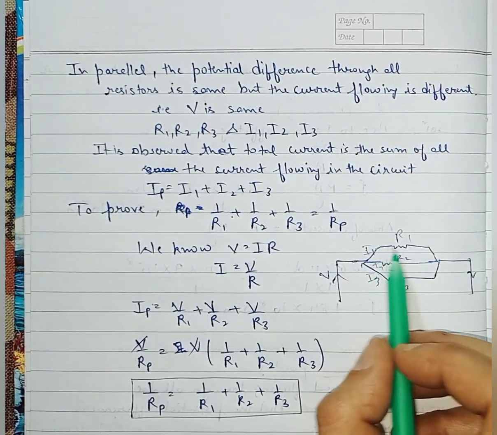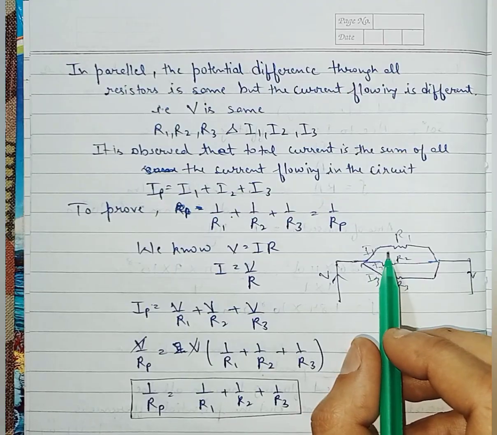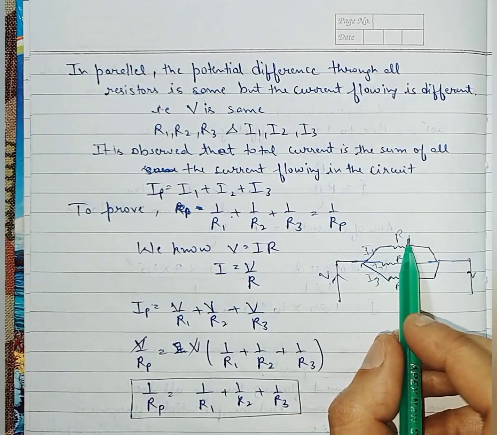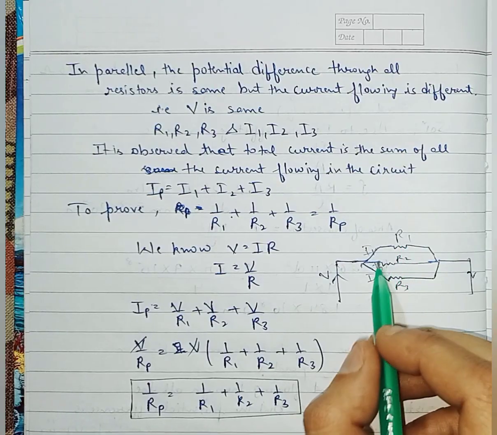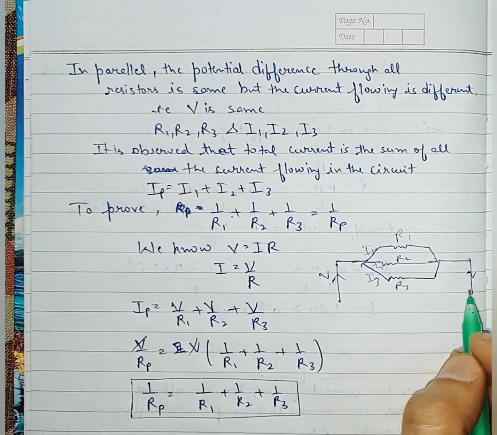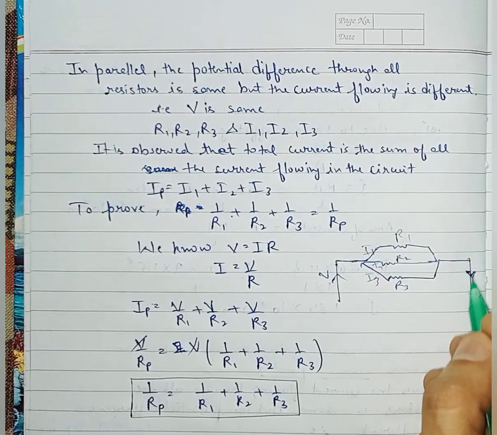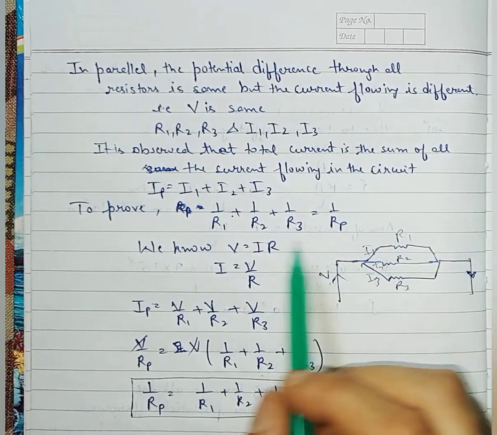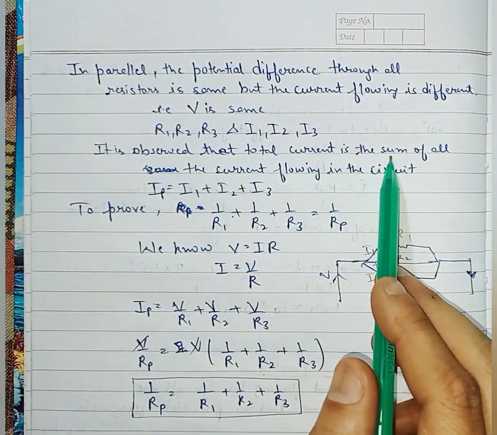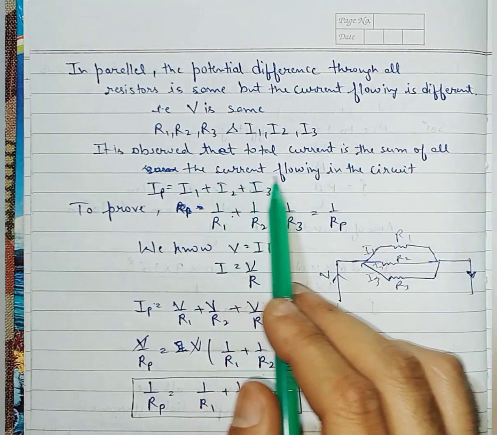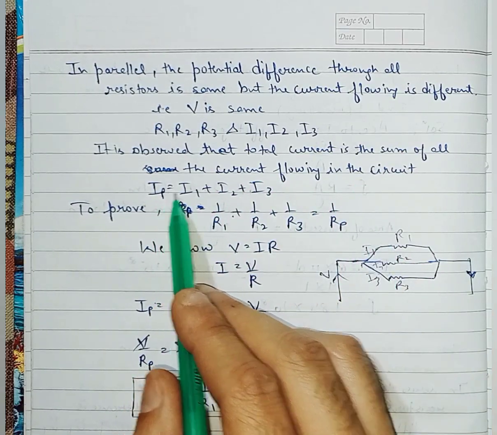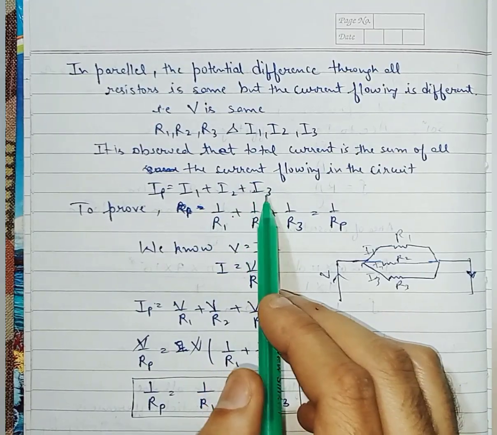If one resistor does not work, this is the benefit of a parallel combination: the other two will continue working without any harm or short circuit. Now it is observed that the total current is the sum of all the currents flowing in the circuit. In parallel, the current is I1 plus I2 plus I3.